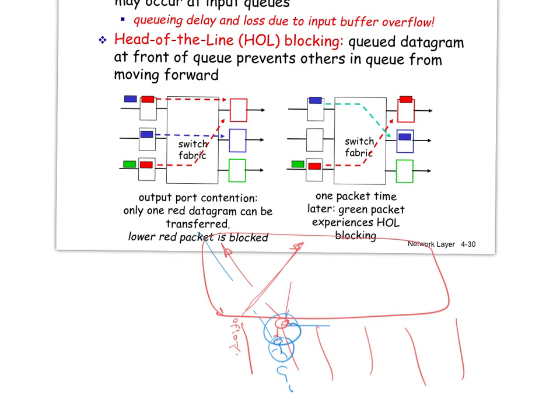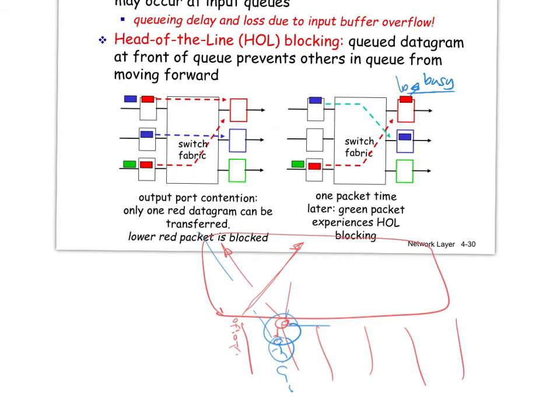Imagine we have two packets that are supposed to go to the same output port. If one of them gets switched to the output port, the other one will have to wait because that port is now busy while the switch fabric finishes the switching to that output.